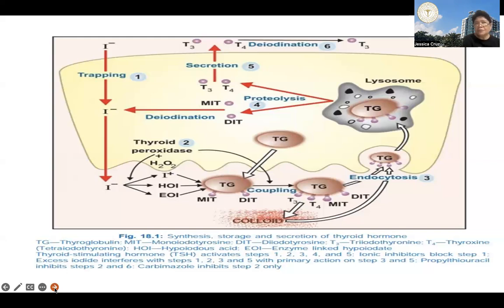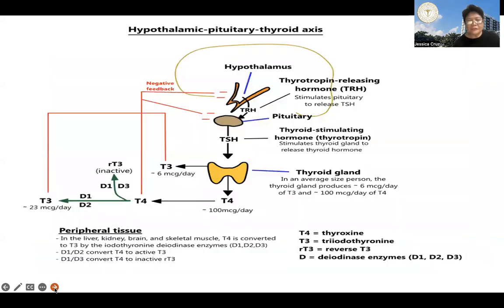Now, the thyroid gland produces more T4 than T3 in a ratio of 5:1. So the majority of your T3 molecules are actually from peripheral conversion of T4 to T3, and only about 20% is directly synthesized by the thyroid gland. There are three deiodinases that play a role in the conversion of T4 to T3.